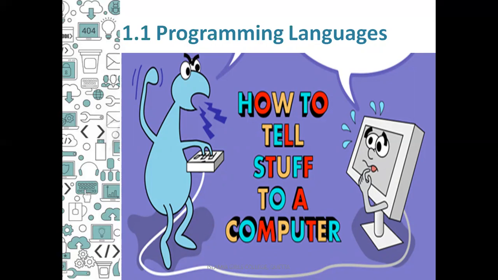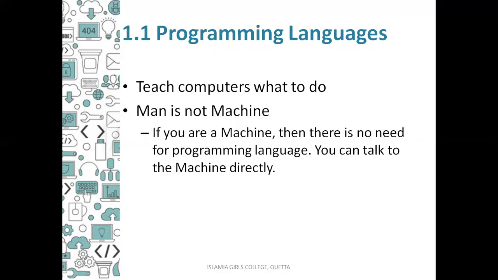And you know that computer is an electronic machine and you know that the computer works on ones and zeros. You do not understand the ones and zeros. So here comes the programming languages. They act as a bridge between the computer and between the man. The programming languages are the helping tool which teach the computer what to do. And we need the programming languages because man is not a machine.